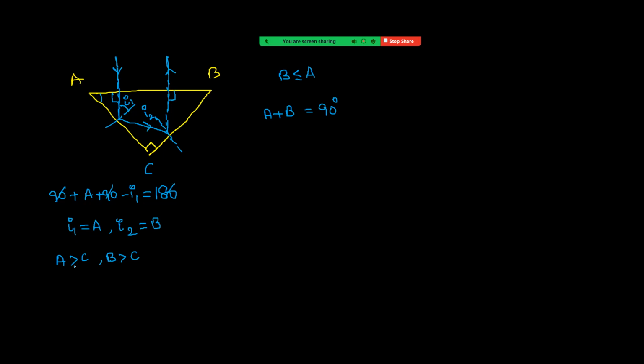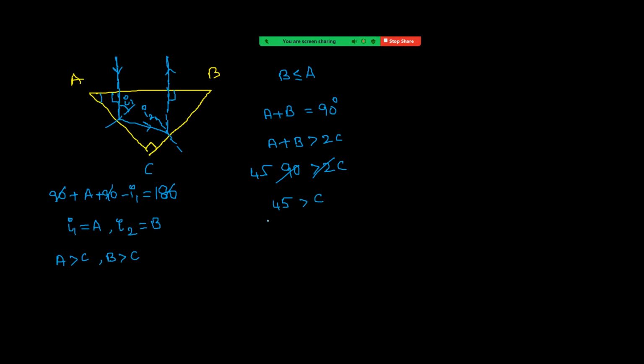But we know that A greater than C, B greater than C. That means A plus B is greater than 2C. But the value of A plus B is 90, so 90 is greater than 2C. That means 45 is greater than C.